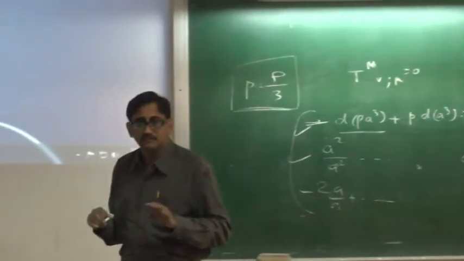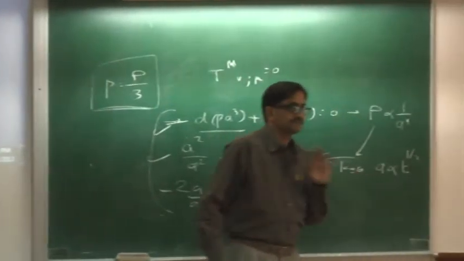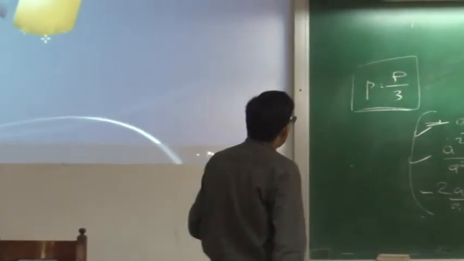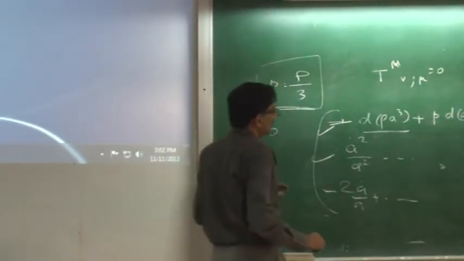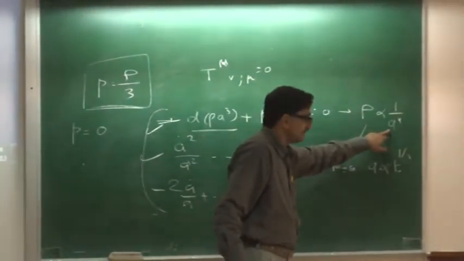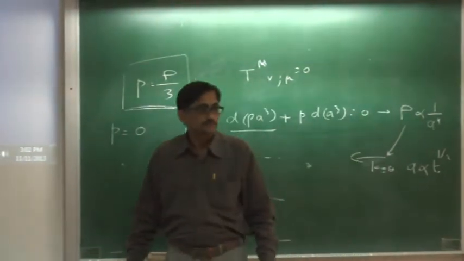So if you have a universe which is dominated by radiation, its evolution will go as t to the power half. Similarly, if you take pure matter, which is P equal to 0, then rho equals 1 by a cube, and this will turn out to be a proportional to t to the power 2 by 3.